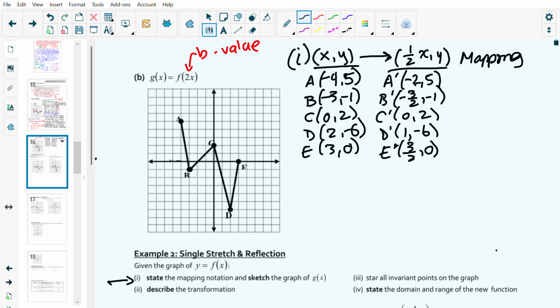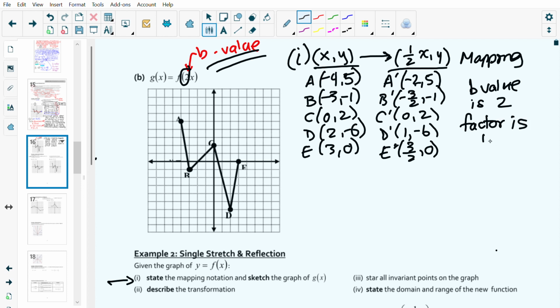Okay, how in the world are we getting 1/2 as our factor when the b value is 2? So remember, b value, different from the factor. Okay, let's remember this, folks. B value is 2, right here. Factor, this is different when we do horizontal stretches.